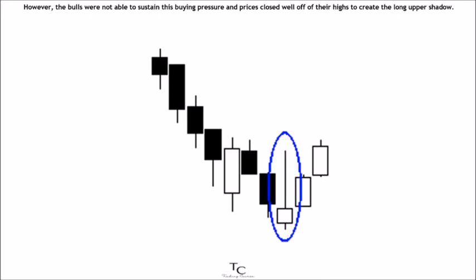However, the bulls were not able to sustain this buying pressure and prices closed well off of their highs to create the long upper shadow. Because of this failure, bullish confirmation is required before action. An inverted hammer followed by a gap up or long white candlestick with heavy volume could act as bullish confirmation.